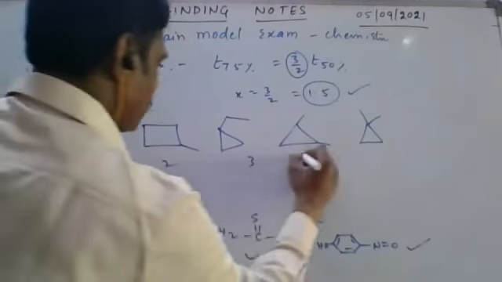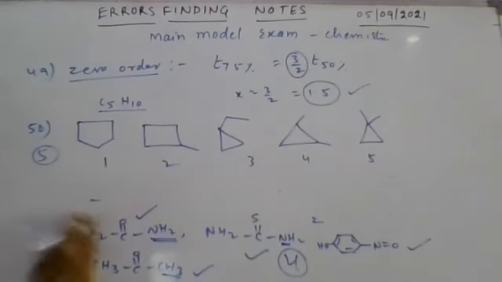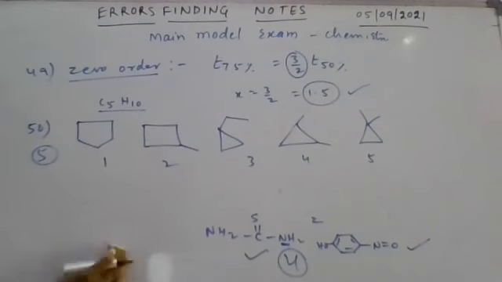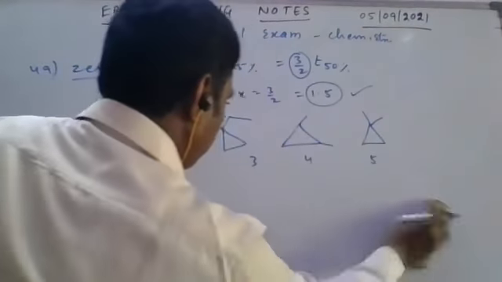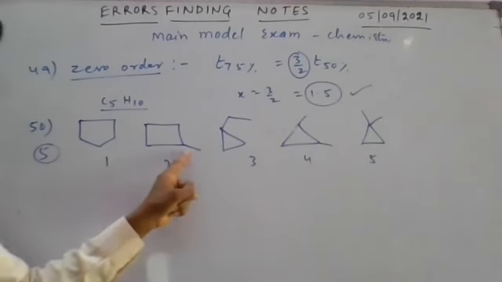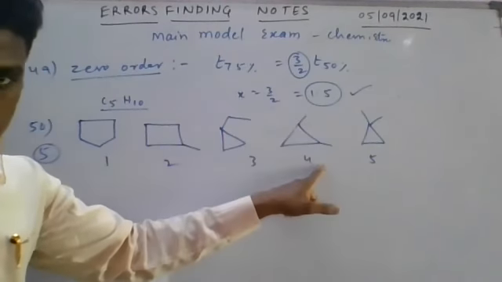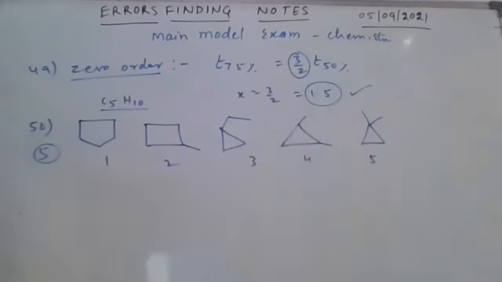So there are 5 possibilities. Question number 50, integer value 5. C5H10 number of possible cyclic isomers: 5 possibilities. Cyclopentane, methyl cyclobutane, ethyl cyclopropane, 1,2 dimethyl cyclopropane, 1,1 dimethyl cyclopropane. These are the possibilities for C5H10. Okay, thank you.